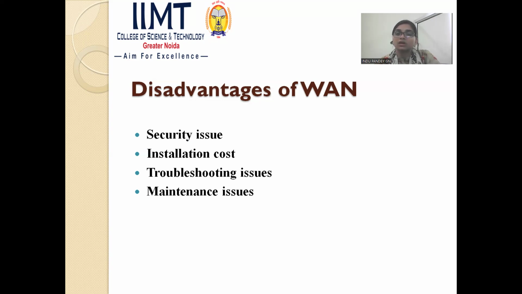Troubleshooting issues: if there is any defect in the network or a network failure arises, it is very difficult to troubleshoot and resolve the issue in a WAN connection because the network is very complex. Maintenance issue: it covers a broad range of area having various devices connected to each other over a set of cables. So the maintenance cost also increases as we increase the WAN connections day by day.